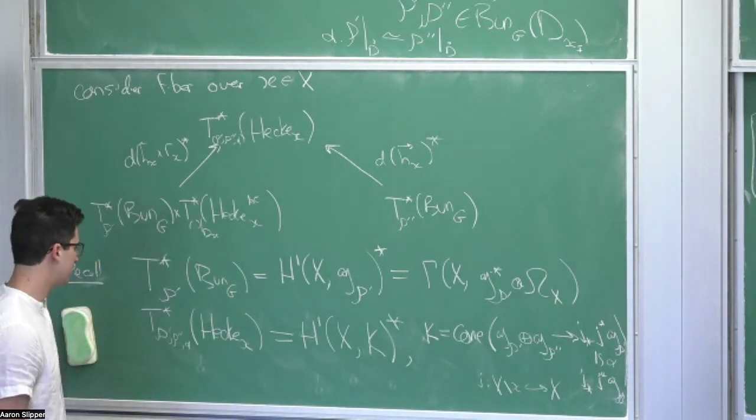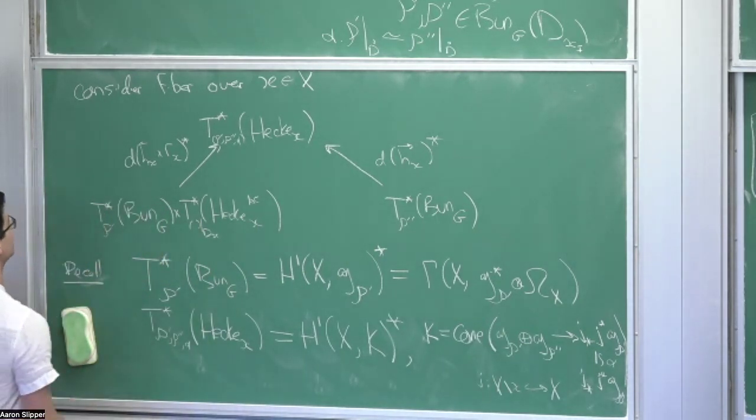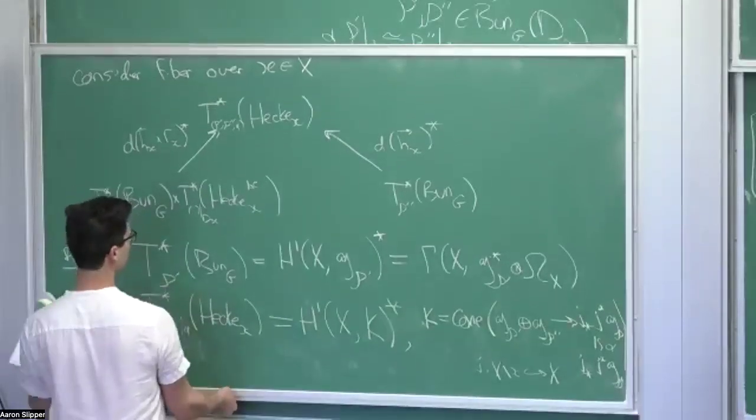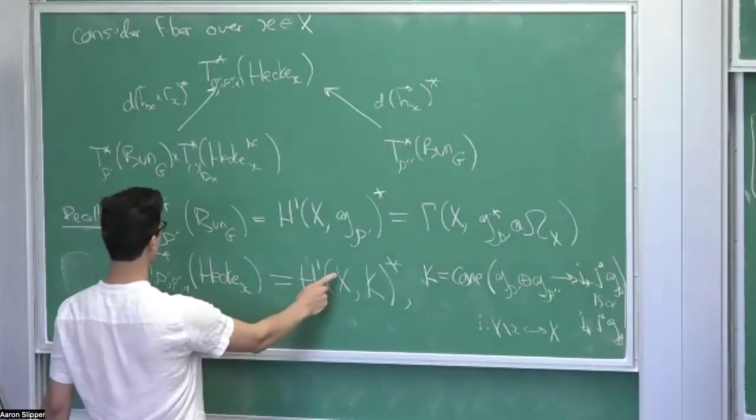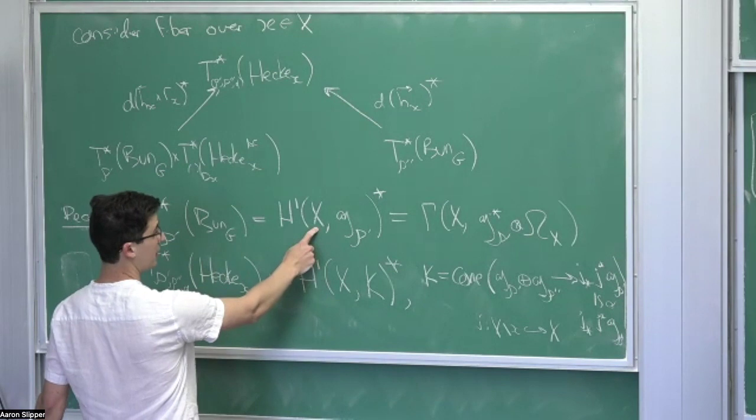Okay, and then I can do the same for the local Hecke stack, where instead of X, I replace it with the disk.